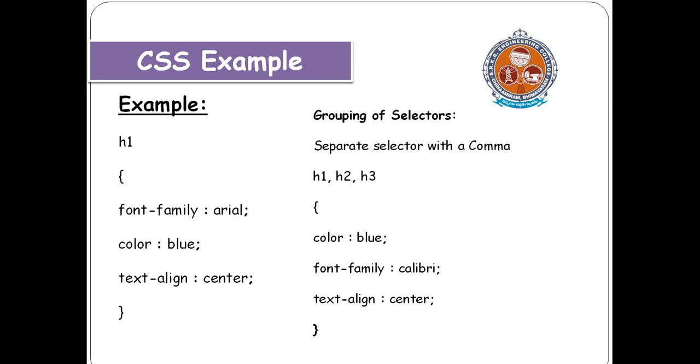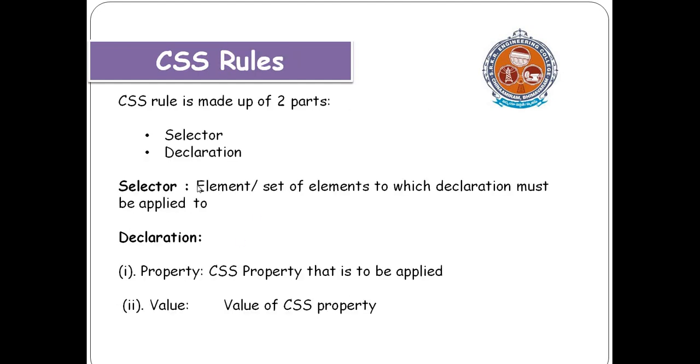Then let us see a basic example. Here I defined the example h1 with font-family Arial and color blue. Here h1 is the selector, and this is the declaration part. I have already selected the element, or set of elements, to which the declaration must be applied.